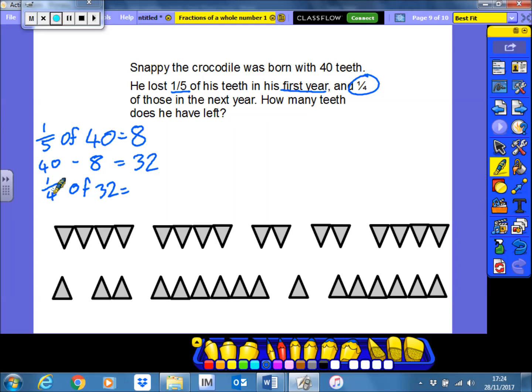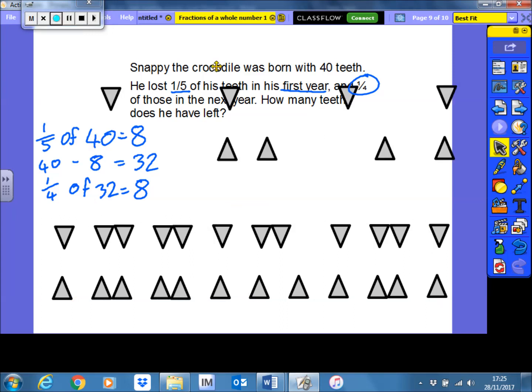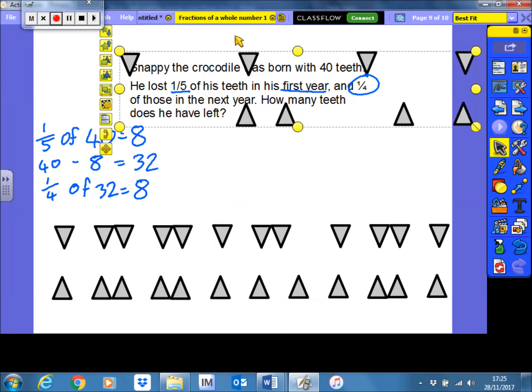And the answer, yet again, this number seems to be coming up a lot today, is 8. He's losing another 8 teeth. So he lost a fifth of his 40 teeth. He was left with 32. Now he's losing a quarter of them. So he's going to be losing another 8. Once again, out they come, and off they go.